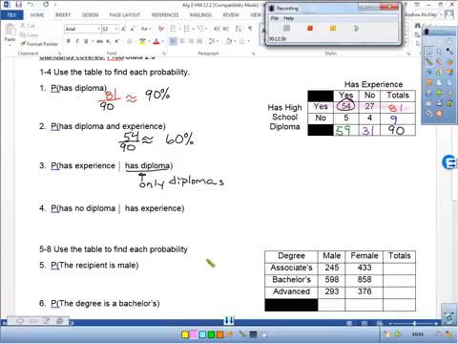You're only looking there. So how many total people were the people with diplomas? 81. Now in there, how many of those people with diplomas had experience? The 54.